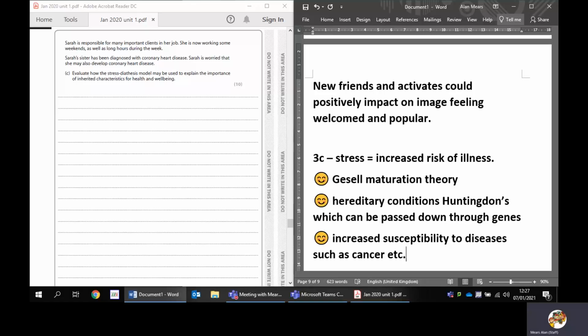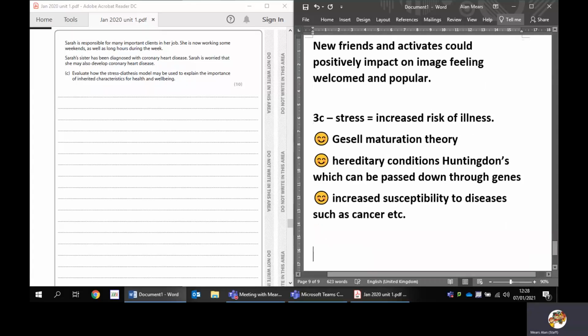So there are arguments that we can use to support this. On the opposite side, you know, again, it's all about healthy lifestyle and social factors. So again, it's environmental factors. These are equally important. We know in her case, the stress could be a trigger.